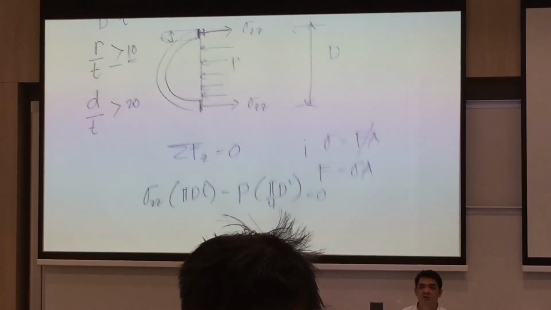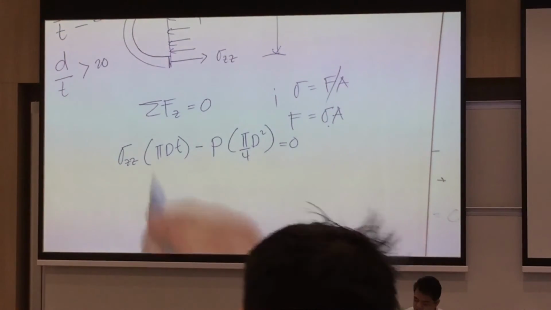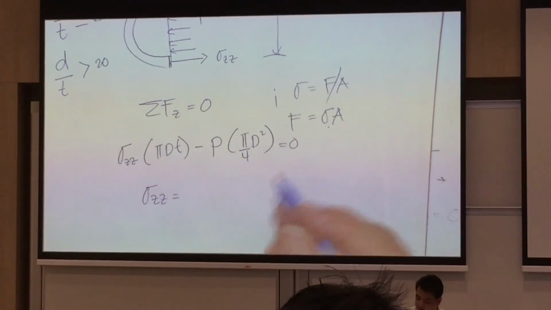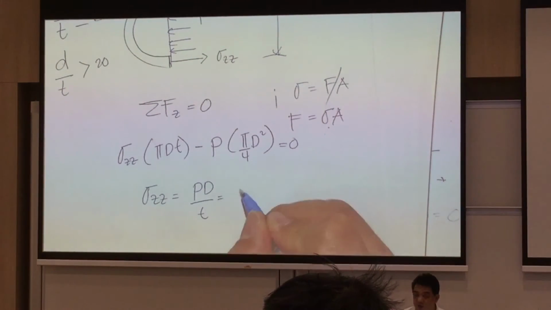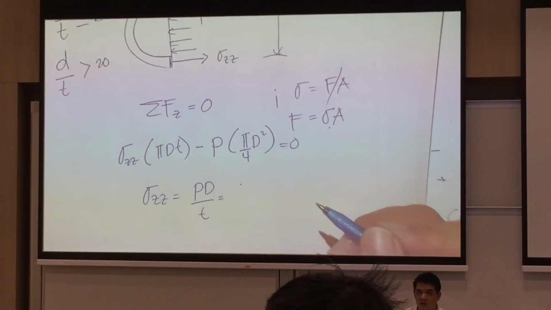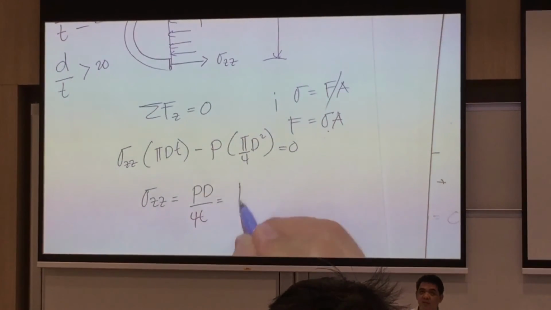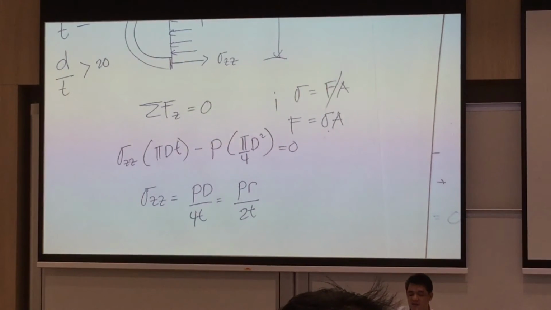So from here we will be able to get the sigma z. So this one is P d all over 4T, or this one will be P r all over twice the thickness.